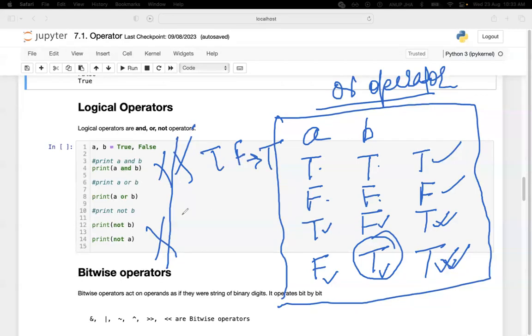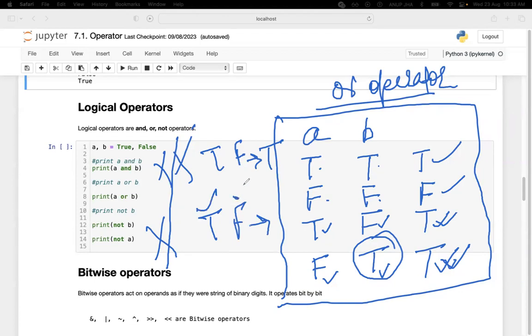And here, what will I get with the AND operator? This is true and this is false. So if I apply the AND operator here, what shall I get?